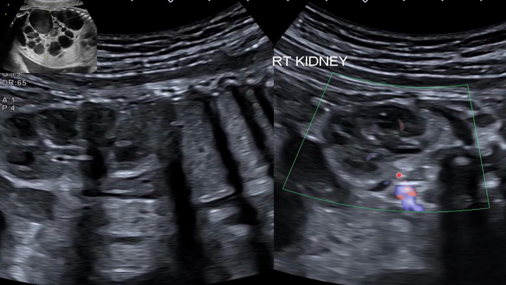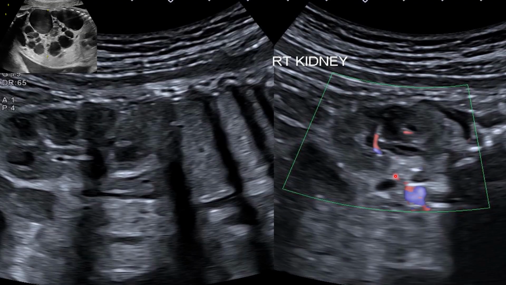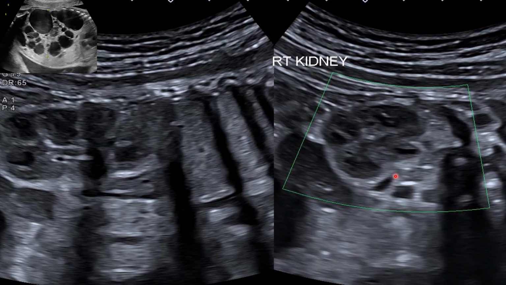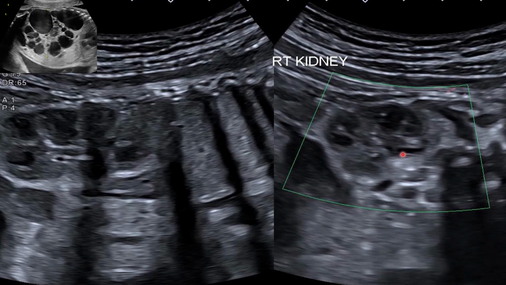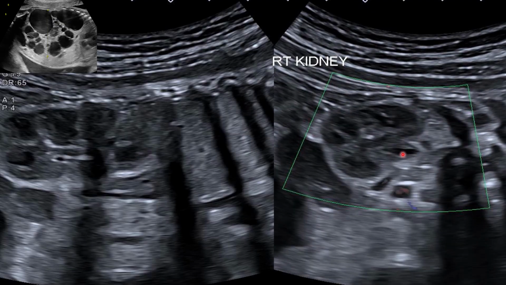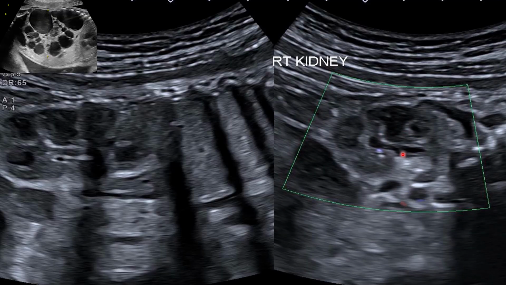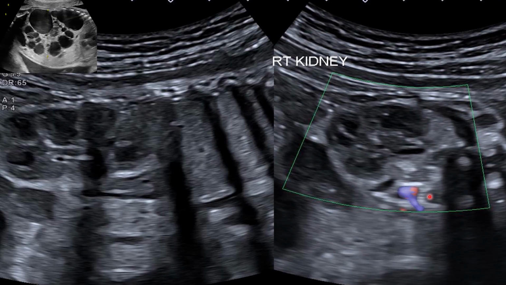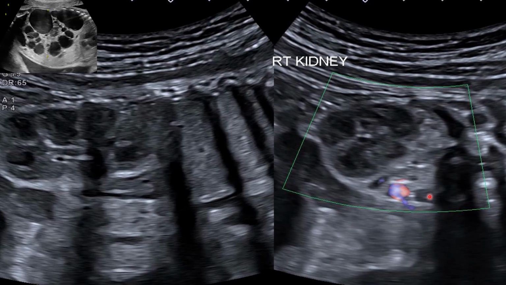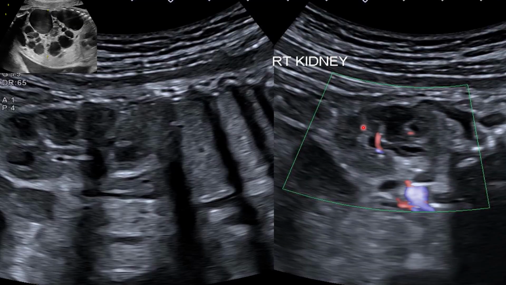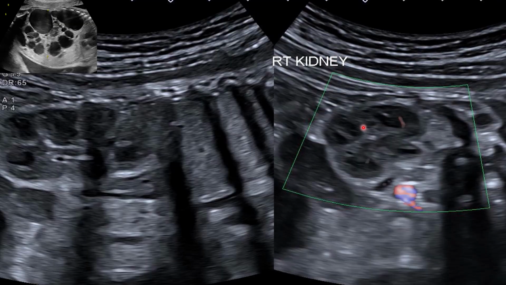Echogenic kidneys can be caused by autosomal recessive polycystic kidney disease, congenital infections, chromosomal abnormalities, nephrocalcinosis, or renal dysplasia. In renal dysplasia, the kidneys can be small or enlarged with increased echogenicity or cortical cysts, or they can be poorly differentiated.